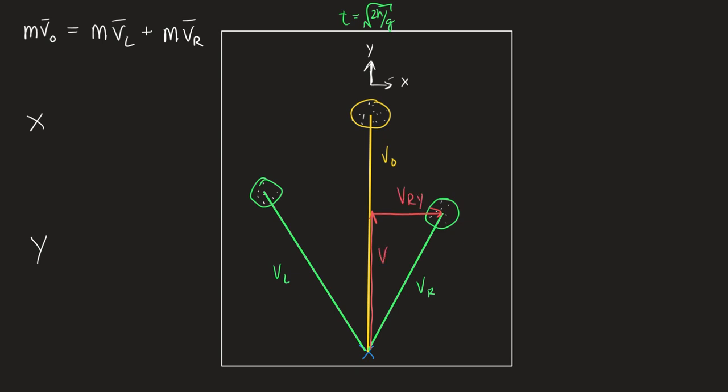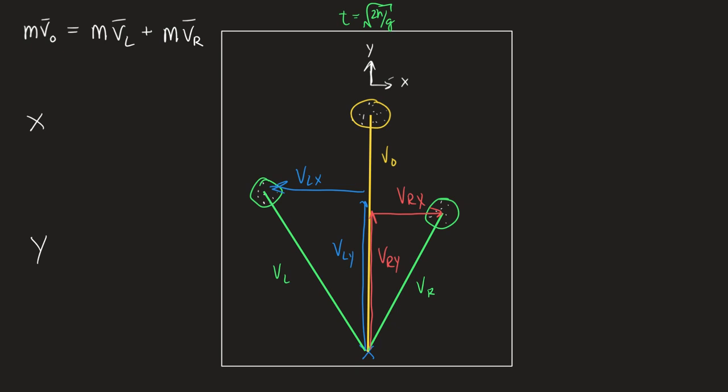Nope, that would be VRX. This would be VRY. And this would be the components for the next one. This would be VLX. This would be VLY. You've got the angles. You can break them up into their components.